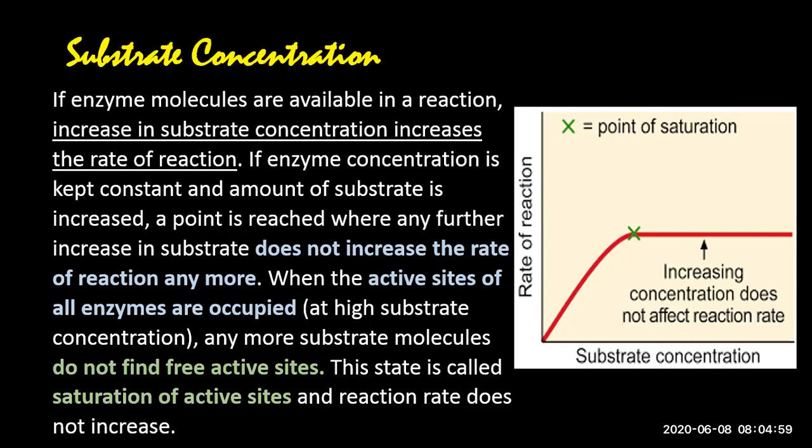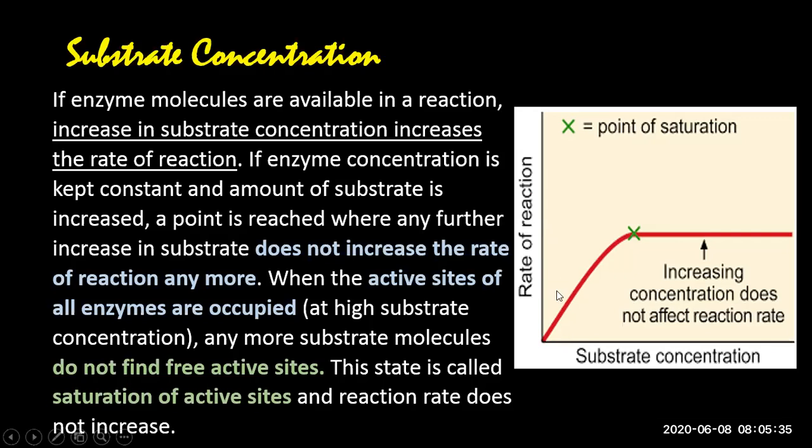and we are going to increase the substrate concentration from 1, then 2, then 3, then 4, then 5, then 6, 7, 8, 9, 10, and so on. So if there is enzyme, then the rate of reaction will increase. But if there is no free enzyme available, the reaction will not increase. Here we are plotting the graph between substrate concentration on the x-axis and rate of reaction on the y-axis.